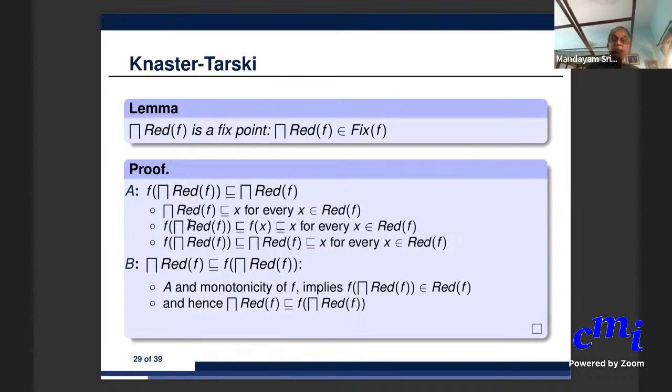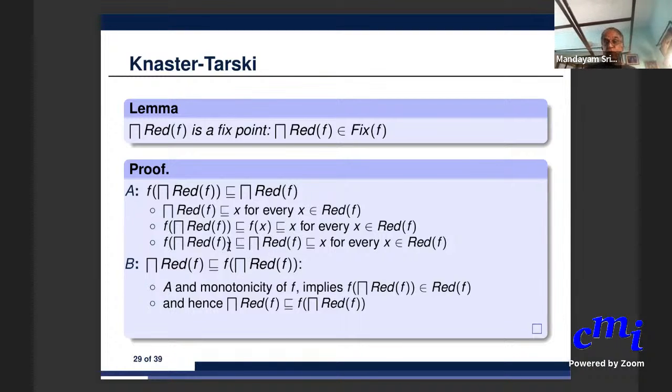But this has to be less than or equal to the greatest lower bound, obviously, right? So we have shown here that f of the greatest lower bound of red f is a lower bound for every element inside the reductive set, and that has to be less than or equal to the greatest lower bound.